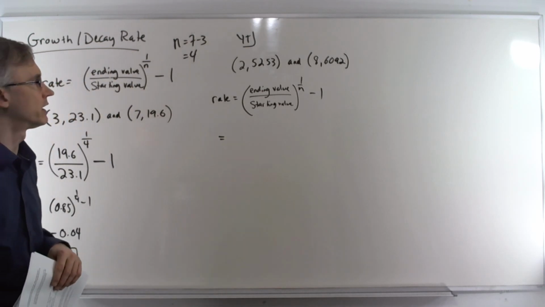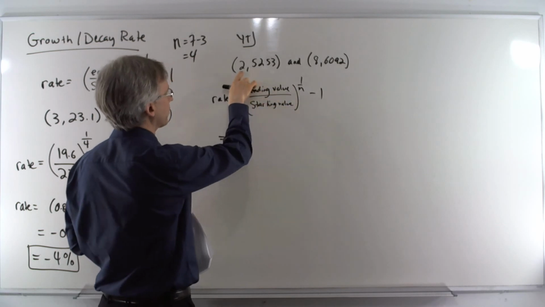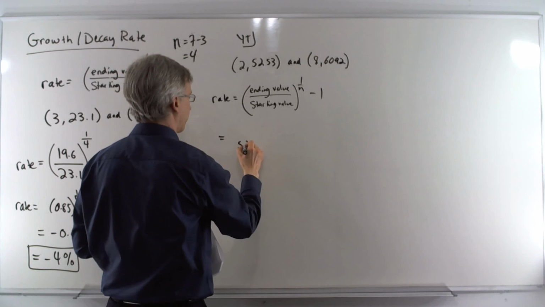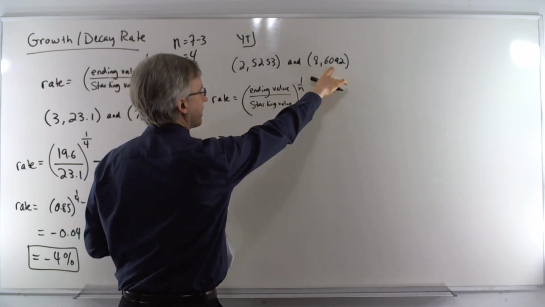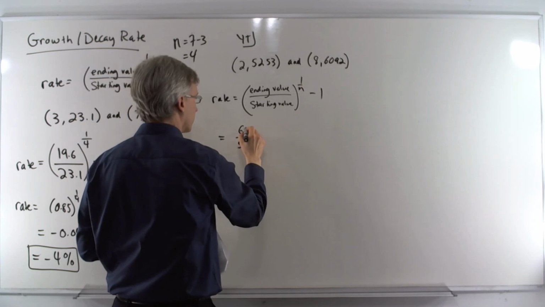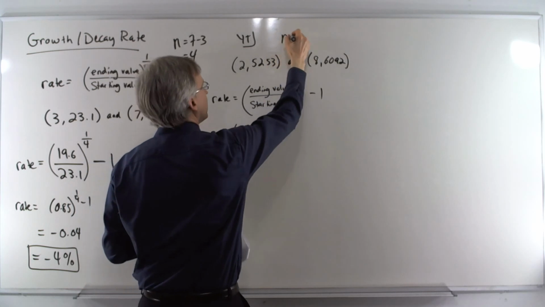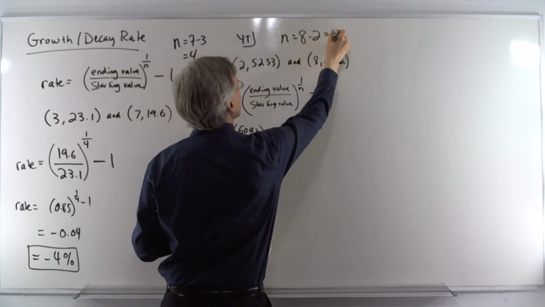Our first thing we're going to need is the starting and ending values. So the starting value is at the earlier time, 2, so it's 52.53. And the ending value is time 8, so 60.92. Now I need to calculate n. n is the difference between the times, so 8 minus 2, or 6.